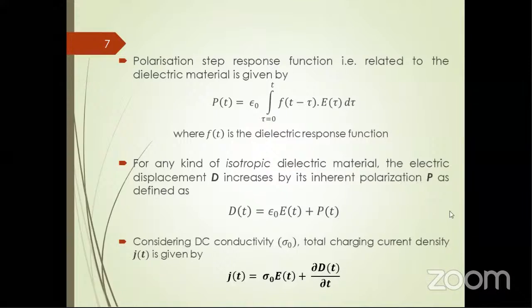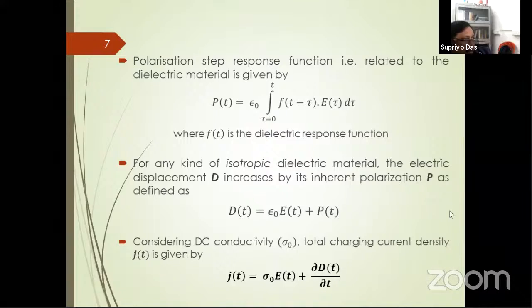What is the reason behind the time domain, or what is the relation between this physical thing and the mathematical thing, so that we understand where we start the time domain analysis from. So first, polarization is a convolution of the dielectric response function and the electric field. Second, the displacement vector is also related to polarization.